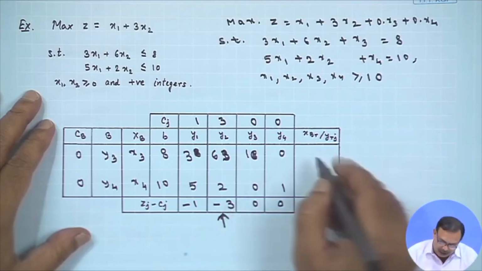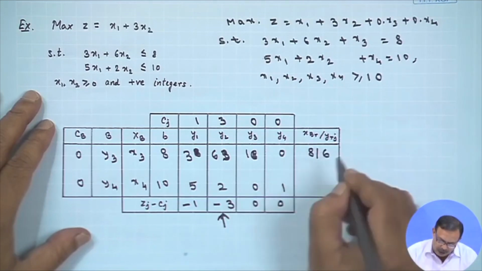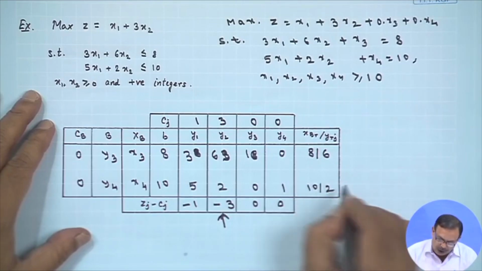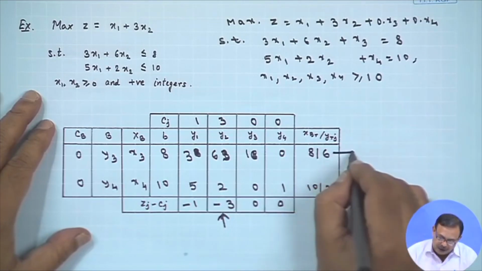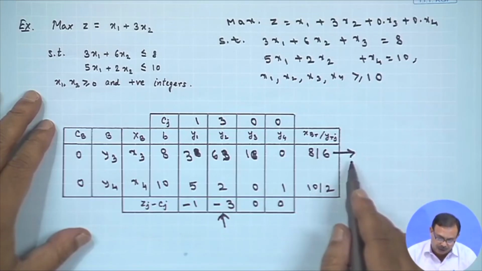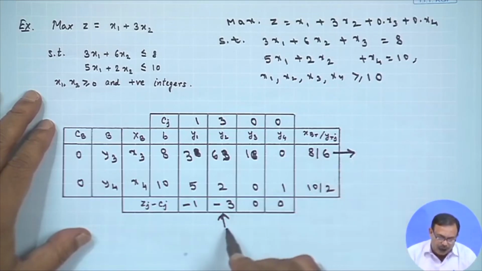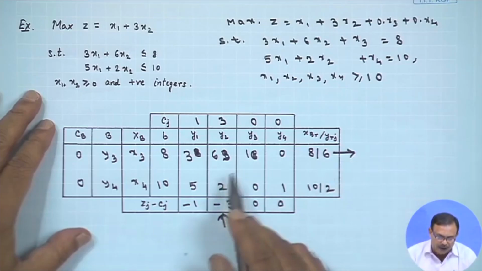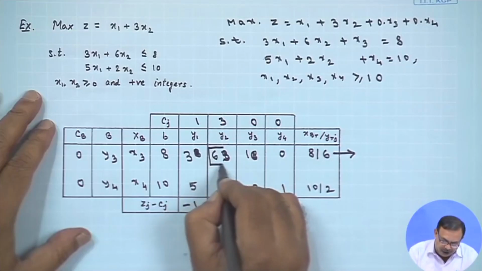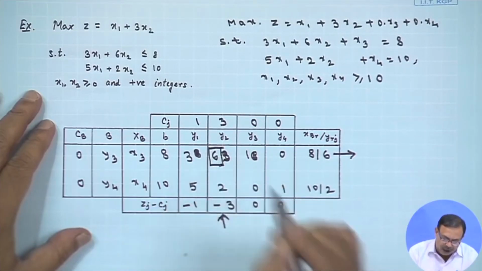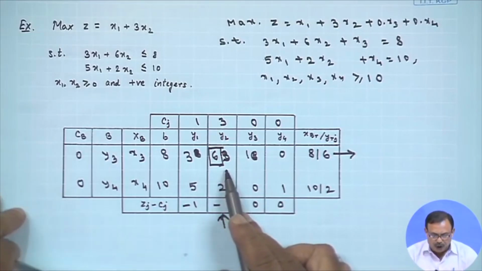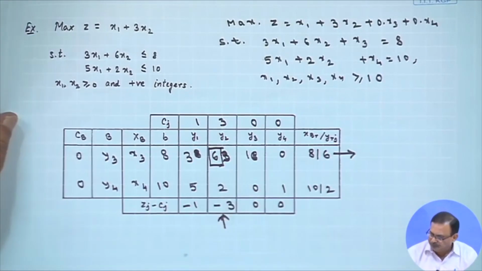From here it is 8 by 6 is the ratio, and this is 10 by 2. Obviously, the minimum of these two is this one, which means your x2 will enter into the basis and x3 will go out. So, once x3 is going out, your pivot element is this one.